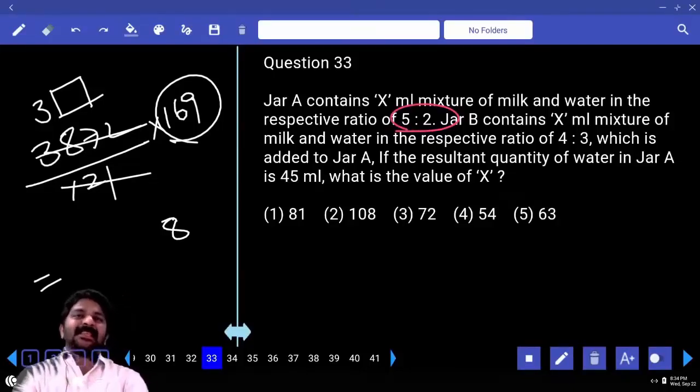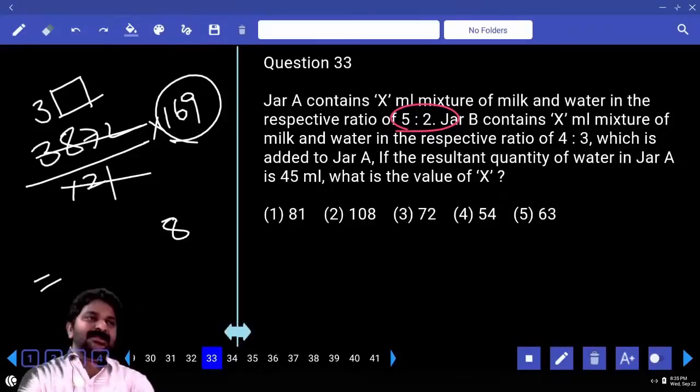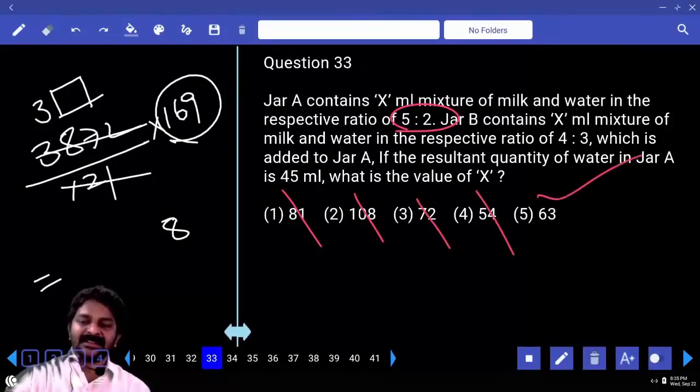Total how many parts are there? That means X must be a multiple of 7. Is first option a multiple of 7? Second option? No. Third option? No. Fourth option? No. Fifth, final answer, done. X is divided into 5:2 ratio, 7 parts. So it has to be a multiple of 7.